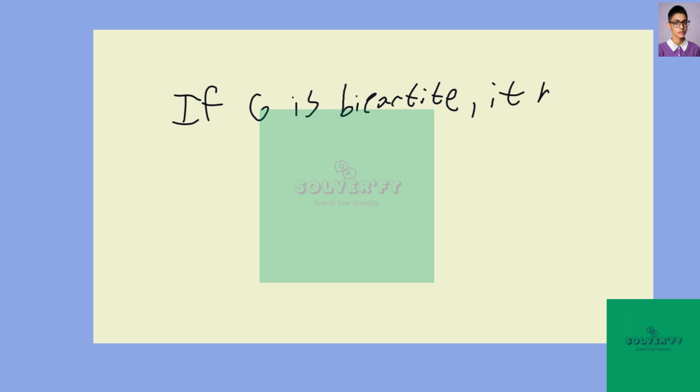So here we basically need to prove two statements. The first statement is: if G is bipartite, then it has no circuits with an odd number of edges.